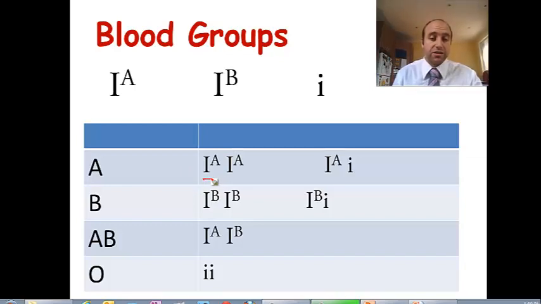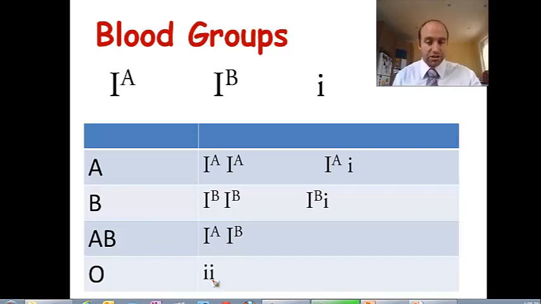If an individual has both of the A alleles, they've got blood group A. If they've got just the A, that'll be dominant over the small i, which is the O blood group, and that will give them a blood group A. Similar sort of thing when we look at B. Two B's will give B, one B and an O, B dominating over the O, will give a blood group of B. If both A and B are present, they are codominant, and both characteristics are expressed, and we get a blood group AB.